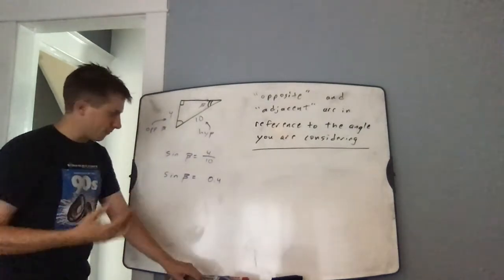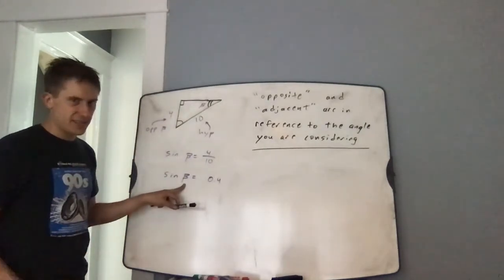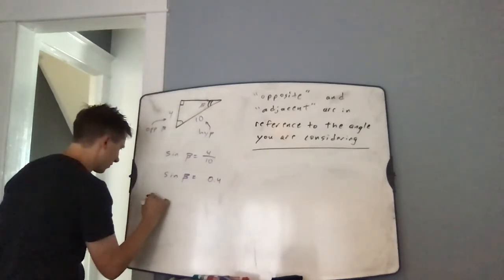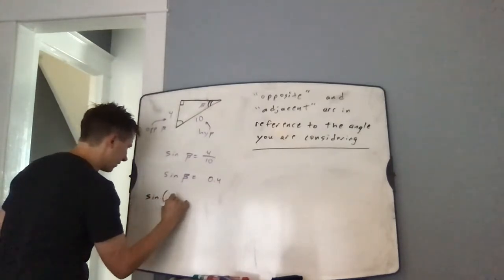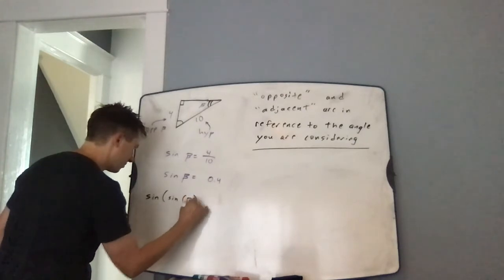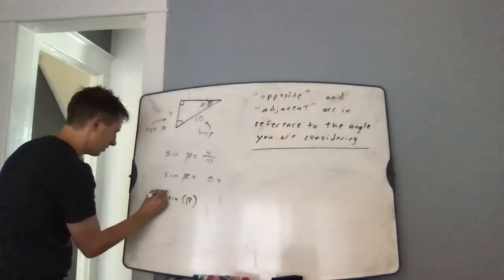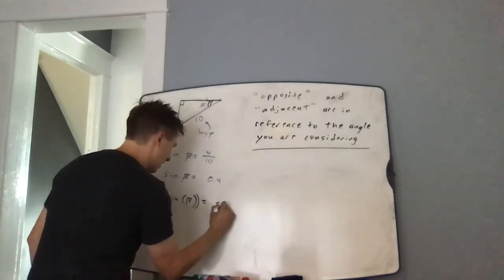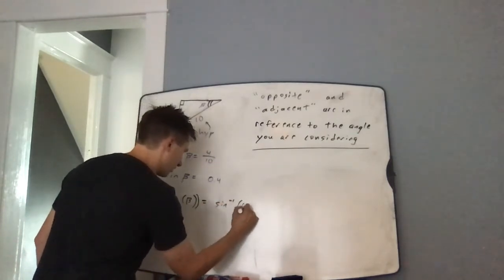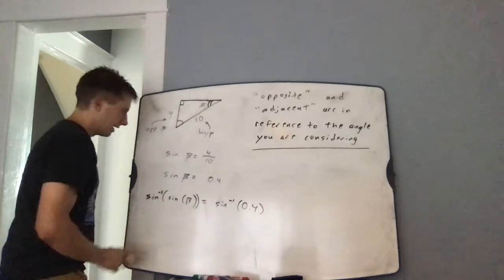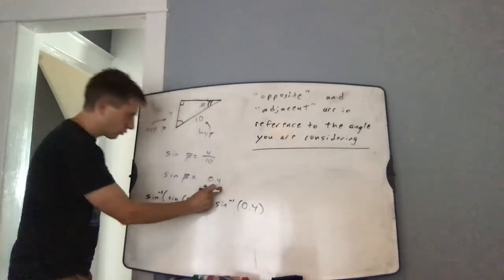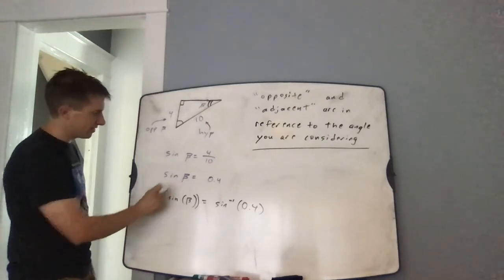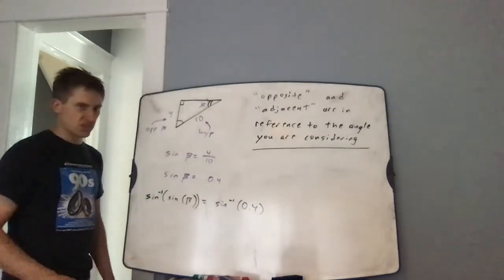Now I want to get beta outside by itself, so I could write sine inverse of sine beta is equal to sine inverse of 0.4. Sine of beta is equal to 0.4, so whatever the sine inverse of sine beta is, that will also be the sine inverse of 0.4.